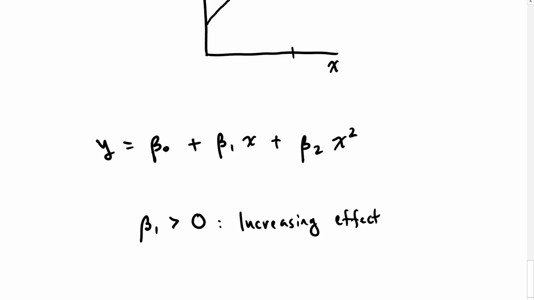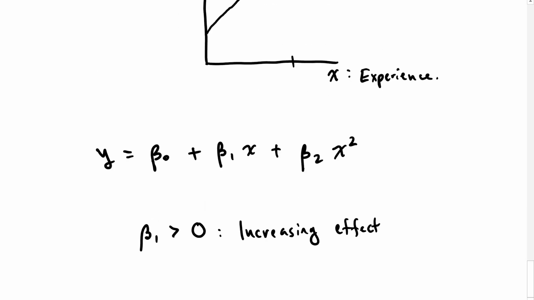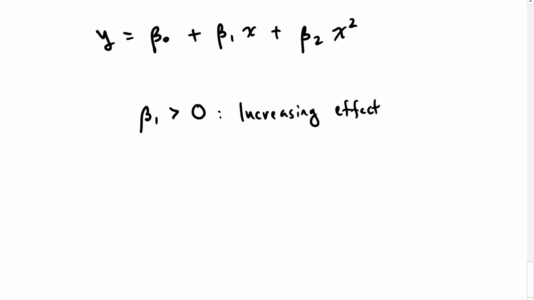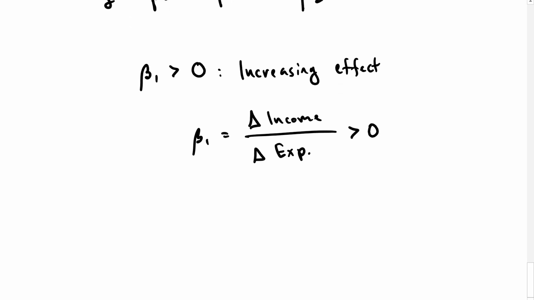So income will go up when experience increases. So that's saying beta 1 is the change in income over the change in experience, and we would expect this to be positive. So as you increase experience, you're going to have a positive increase in your income.